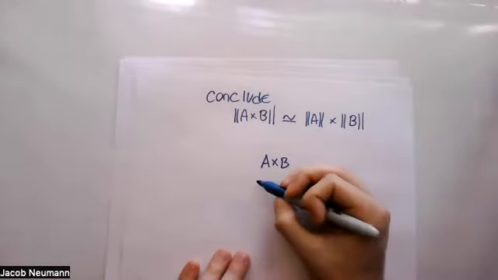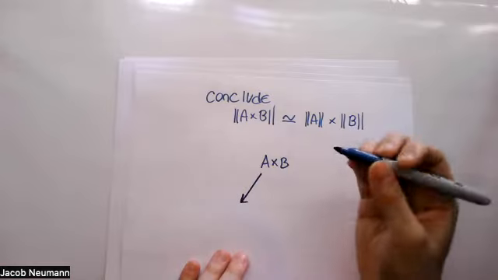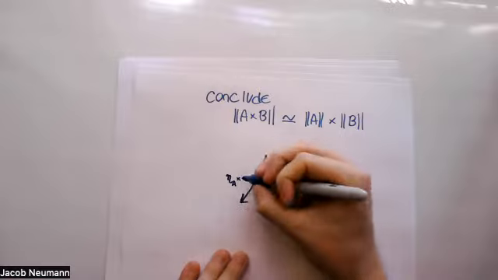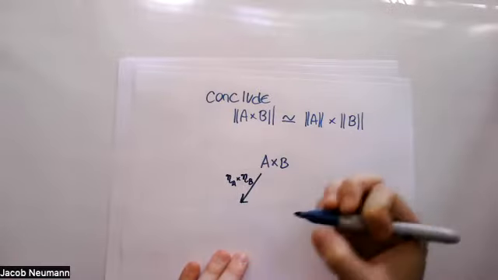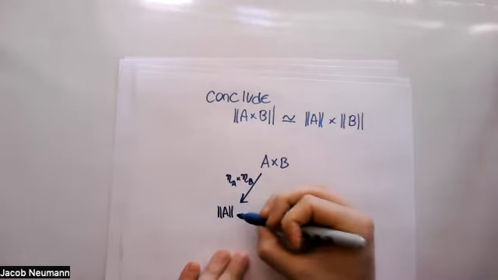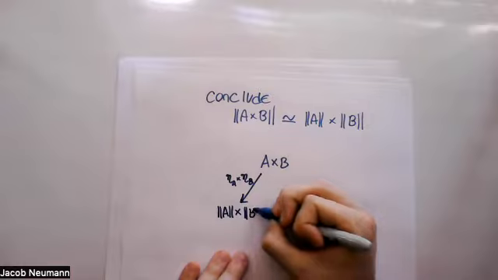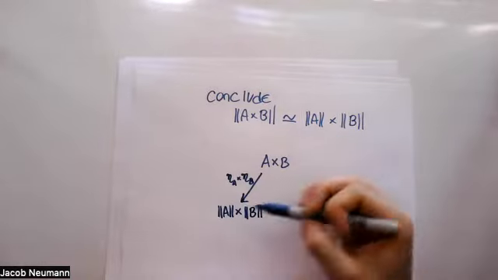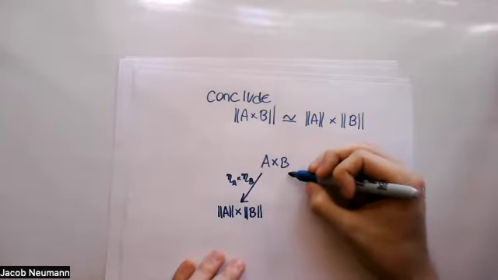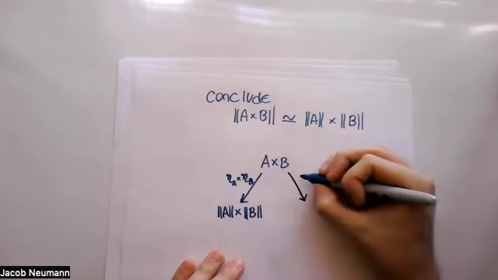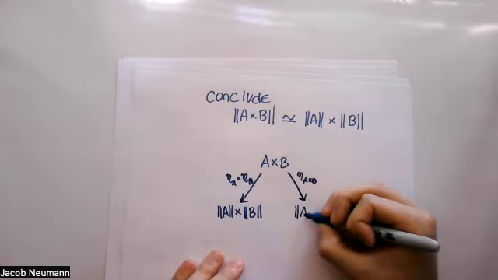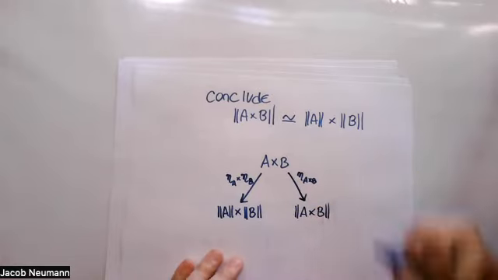What we proved in part A is that eta A times eta B has the universal property for the truncation of A times B. But what also has the universal property for the truncation of A times B is eta of A times B, the usual truncation applied to the product.